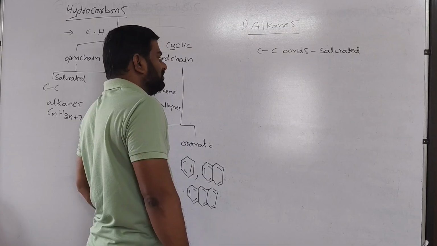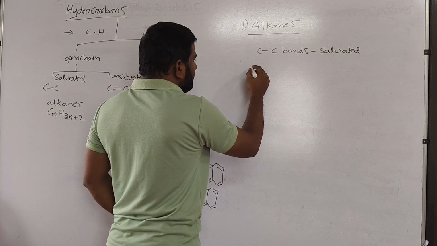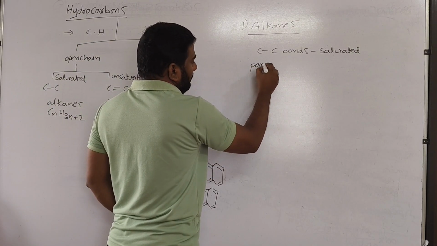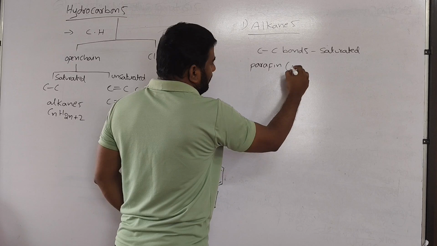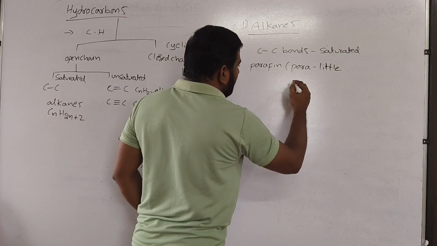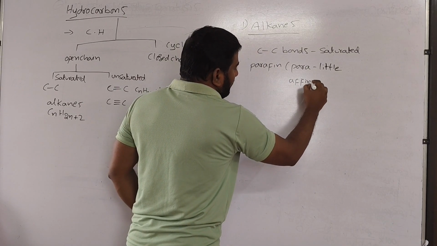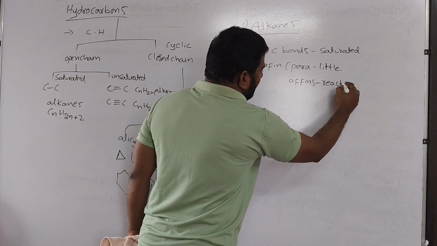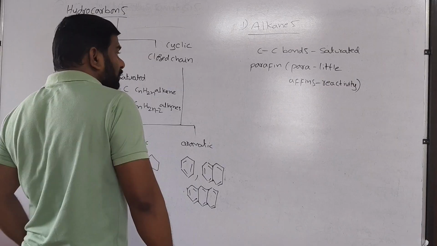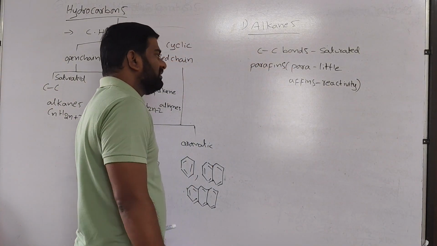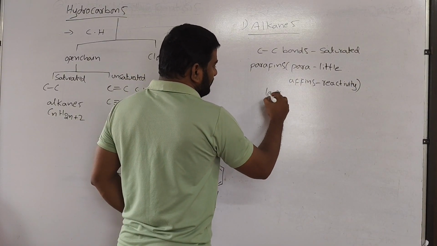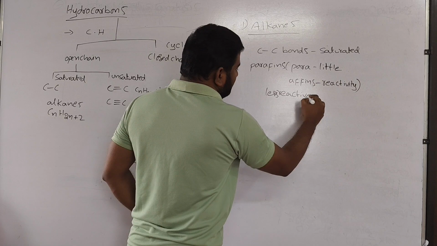Alkanes are also called paraffins. In Latin, para means little, and affins means reactivity or affinity. Why are they called paraffins? Because para means little, affins means reactivity. So alkanes are simply less reactive compounds.